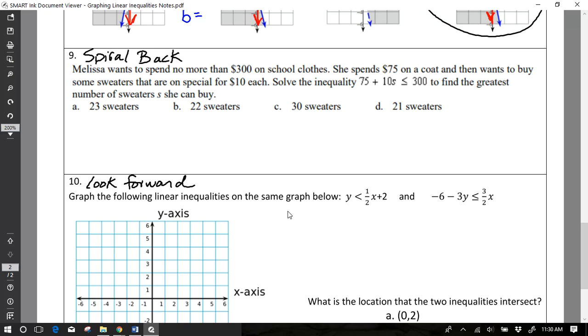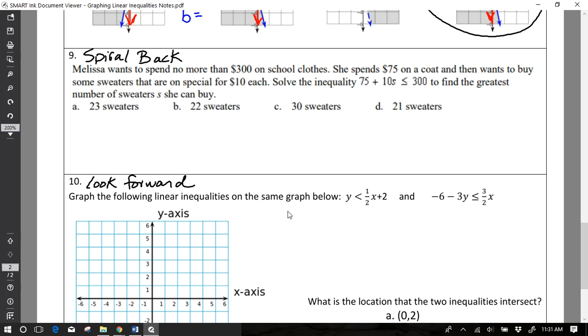Okay, so number 9 says Melissa wants to spend no more than $300 on school clothes. She spends $75 on a coat and then wants to buy some sweaters that are on special for $10 each. Solve the inequality to find the greatest number of sweaters that she can buy.